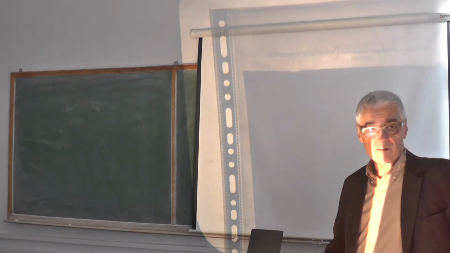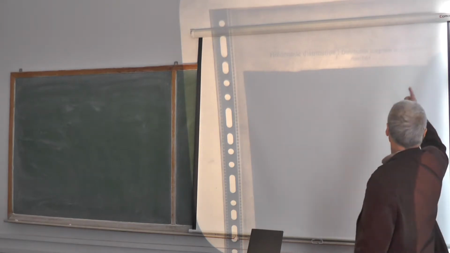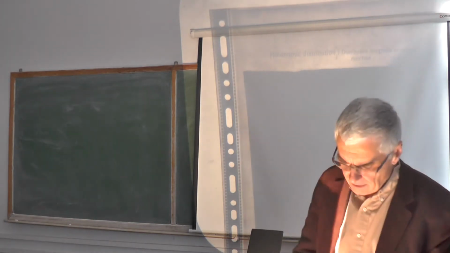But now, when I have a holonomic distribution, by definition, and we have seen that in the first lecture, this is a distribution integrable to a non-trivial manifold. And then you have the Frobenius theorem.